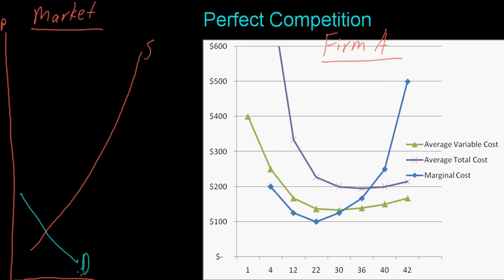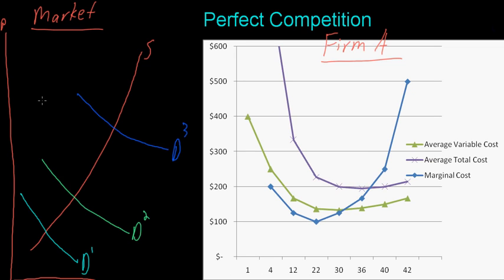We'll call this D1. Then we'll make D2 be here, demand 2. And then we'll have demand 3 be way up here. So this can be D3.